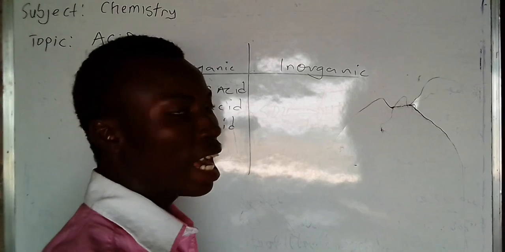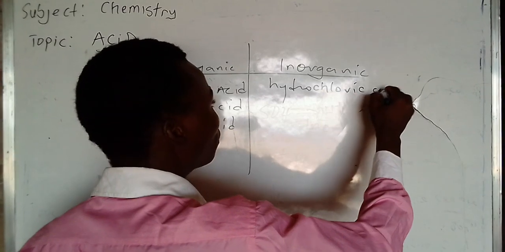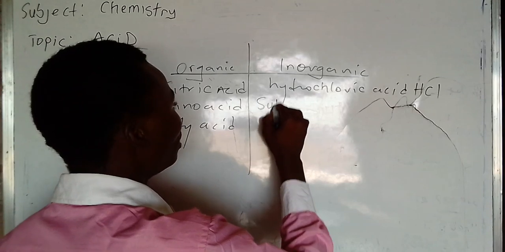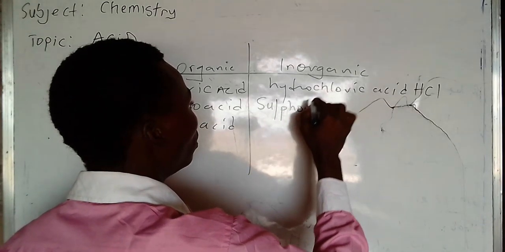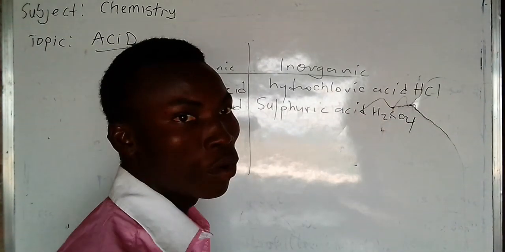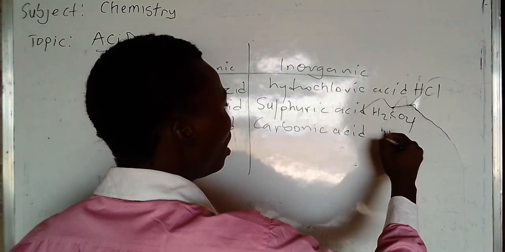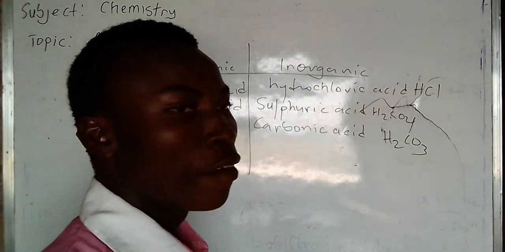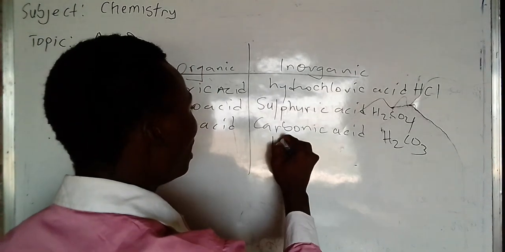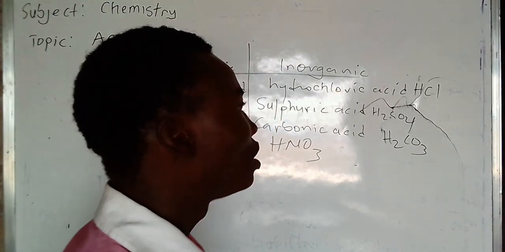But when we are talking about inorganic acid, we have hydrochloric acid with the formula HCl. Also, we have sulfuric acid, H2SO4. We also have carbonic acid, which is H2CO3. All these are typical examples of inorganic acid. We can also add HNO3, which is also called nitric acid.